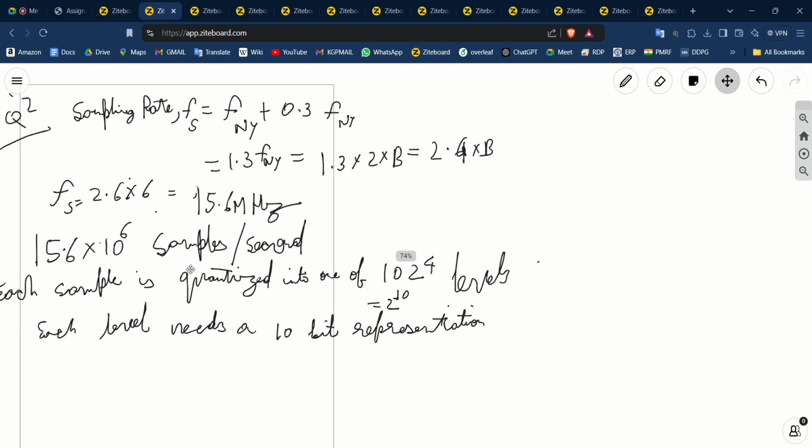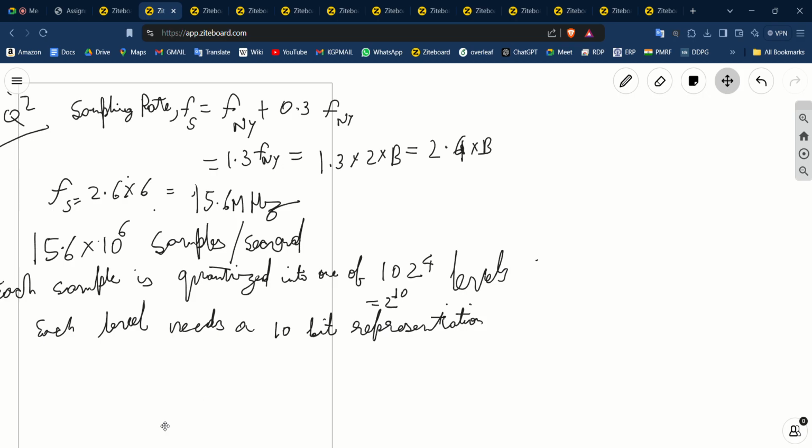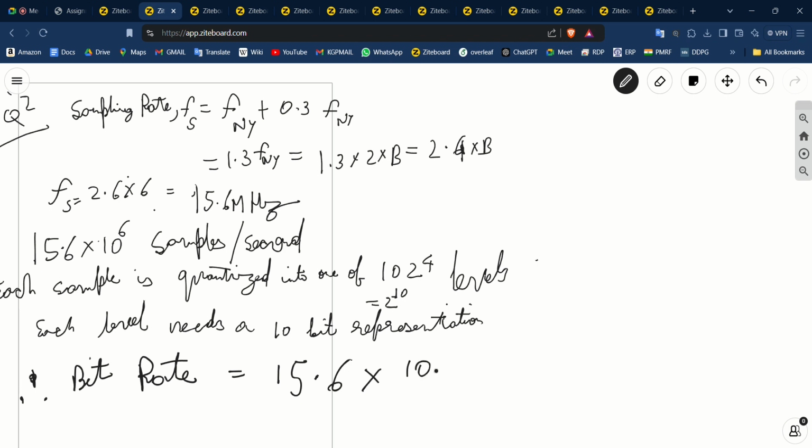If each level needs a 10-bit representation, therefore the bitrate will be 15.6 into 10 into 10 to the power 6 bits per second.